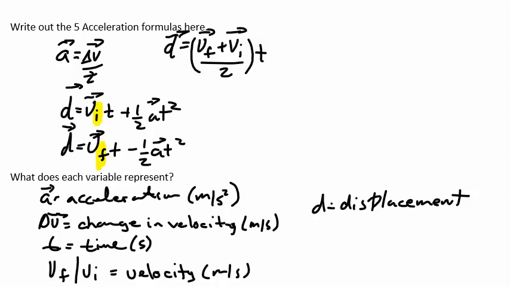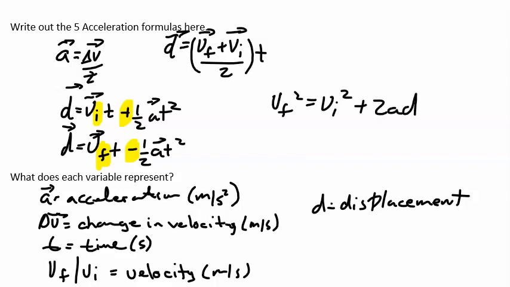If you're starting with the initial velocity, you're adding the overall change due to the acceleration. If you're starting with the final velocity, you're subtracting it. And one last one, vf squared equals vi squared plus 2 a d.